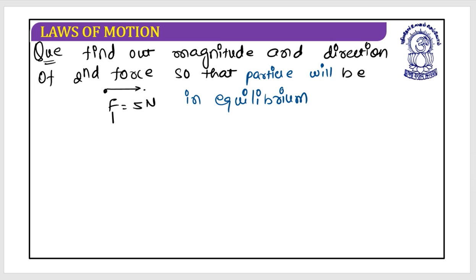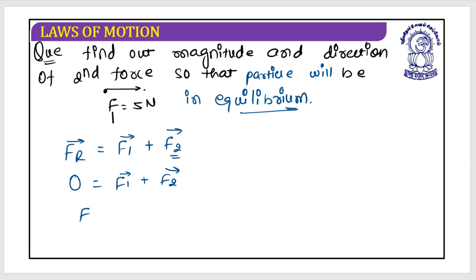So what you need is that Fr should be equal to the vector F1 plus F2. Let's suppose I apply this vector, F2. In equilibrium the resulting force would be 0. So this is 0, this is F1 plus F2. So F2 could be written as minus F1.